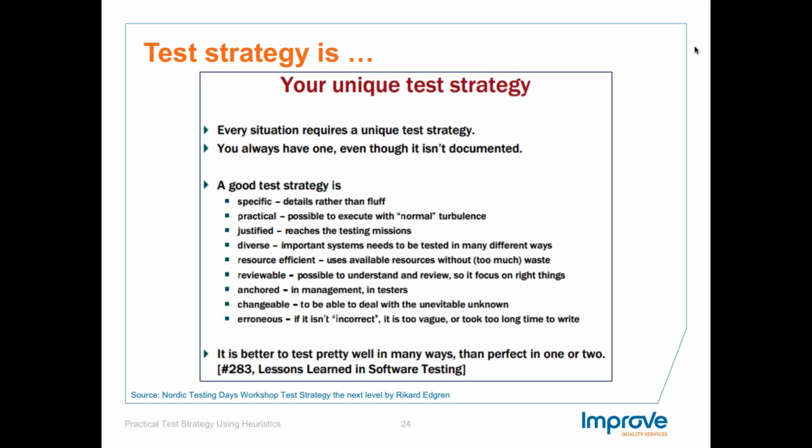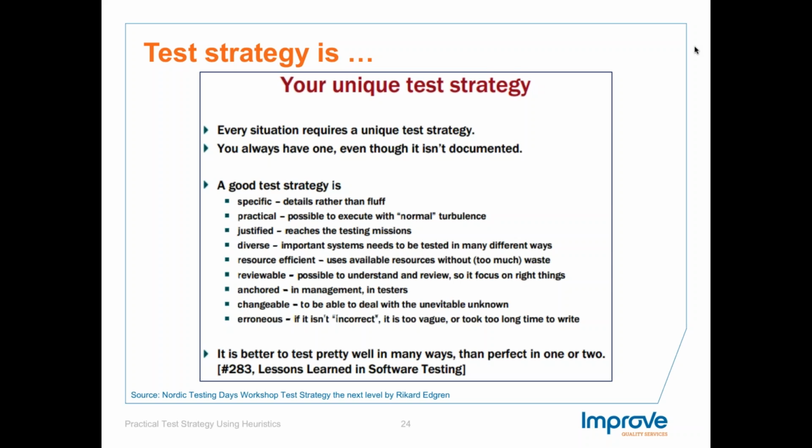And it needs to be specific. I see a lot of people create lists like, okay, we're going to test functionality with 3 stars and performance with 2 stars, and these stars tell me the relative effort we're going to put in. But it's not really helping me.